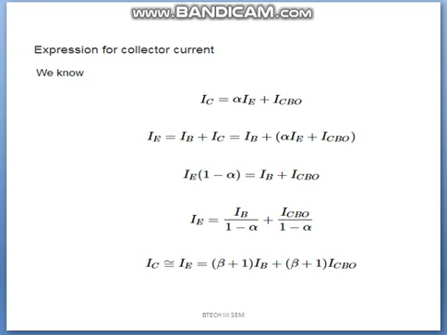IE shifted to the left side, so we get IE times (1 minus alpha) equals IB plus ICBO. IE equals IB upon 1 minus alpha plus ICBO divided by 1 minus alpha. 1 upon 1 minus alpha equals beta plus 1. So again we write IE equals (beta plus 1) IB plus (beta plus 1) ICBO.